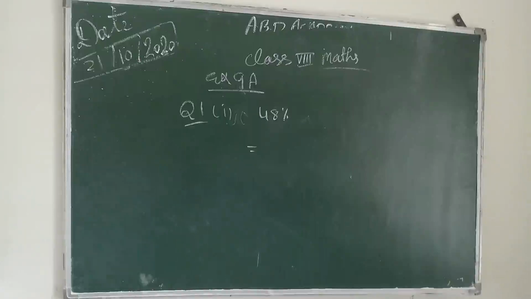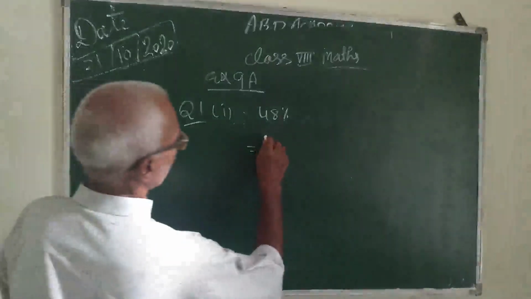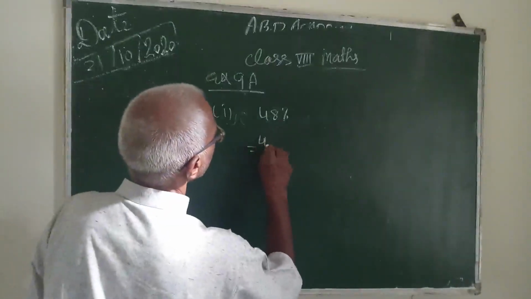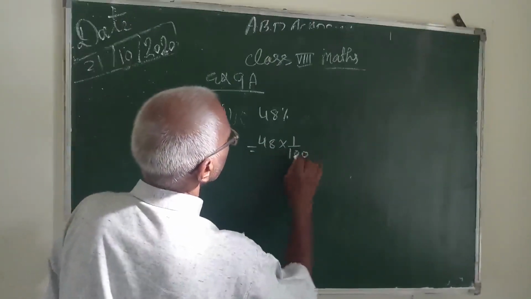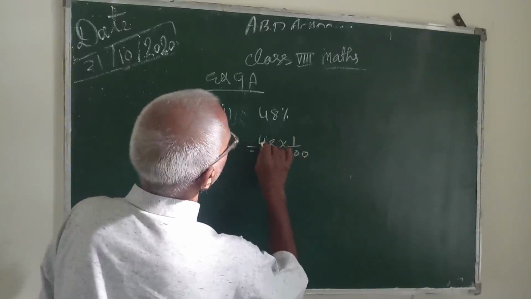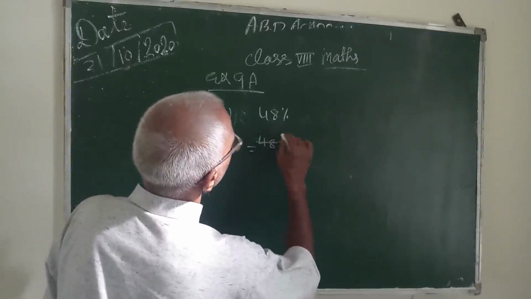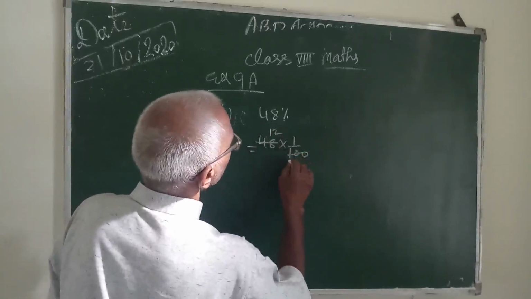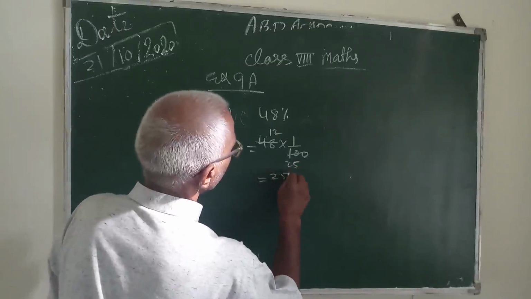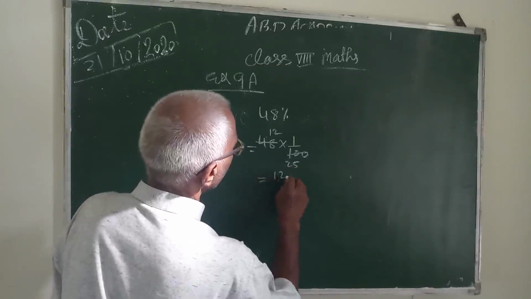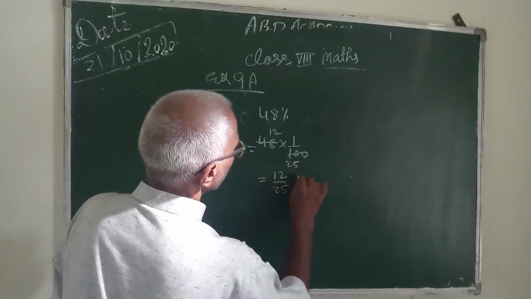So 48% will be equal to 48 into 1 upon 100. Simplify it: 4 times 12 and 4 times 25. Therefore the fraction is 12 upon 25. This way.